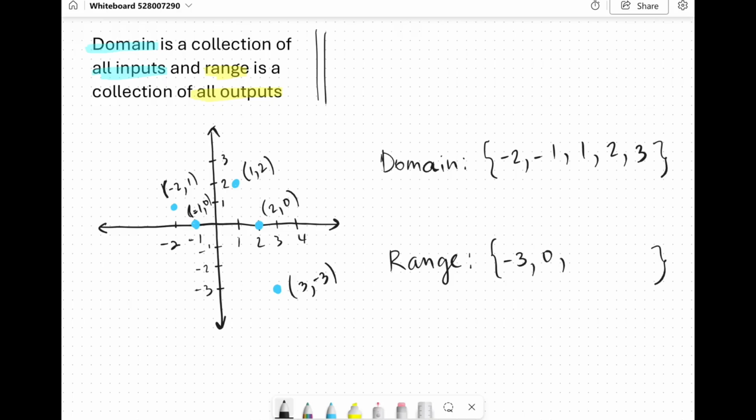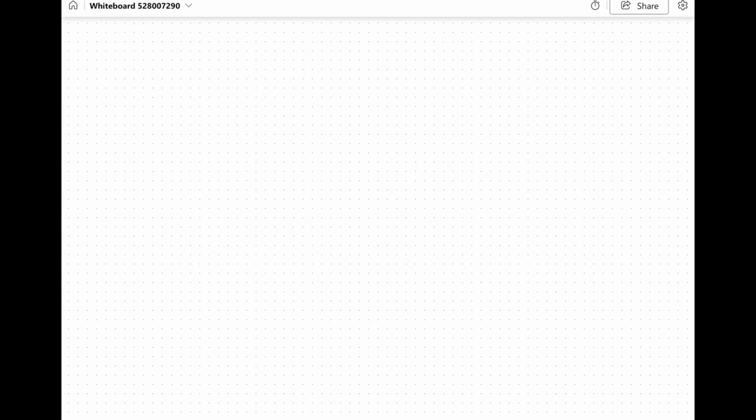I have a couple of zeros, but you do not need to list both of those, just list it once. And then positive 1 and positive 2. That's your range. Another important piece of information for this section is what we call function notation.